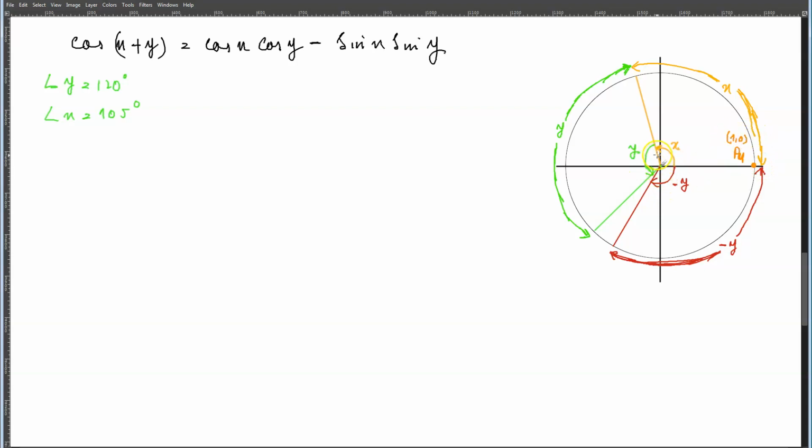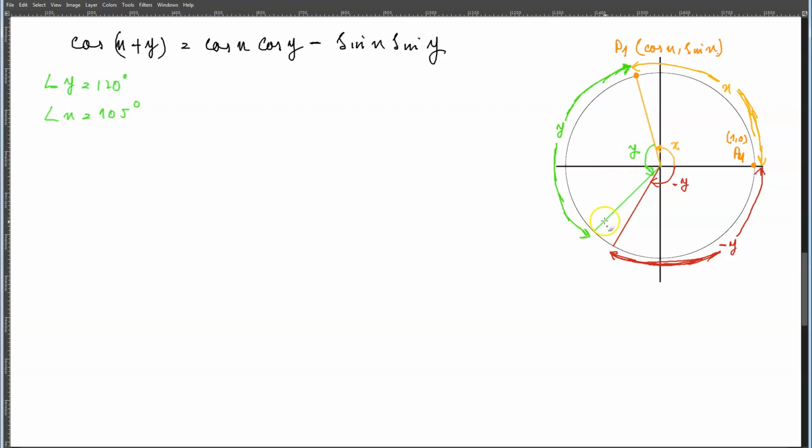I can pick another point over here, which I can call, for example, P1. The x coordinate of this point is cos of x, and the y coordinate of the point is sine of x. That is cos of x and sine of x.